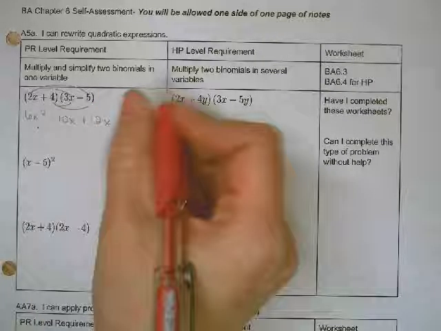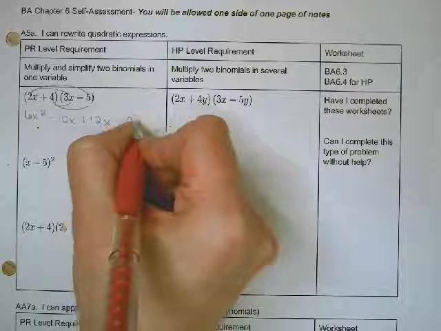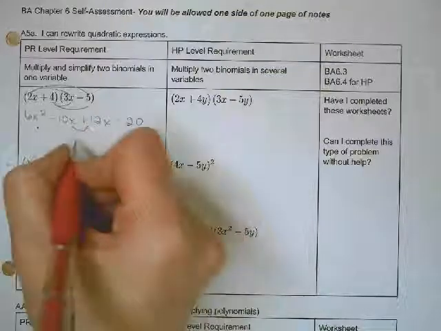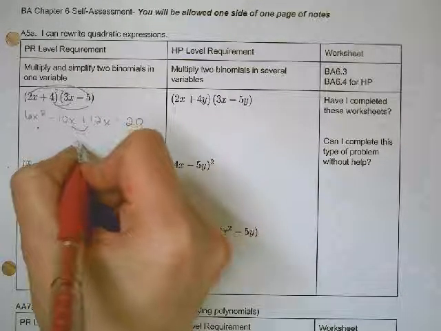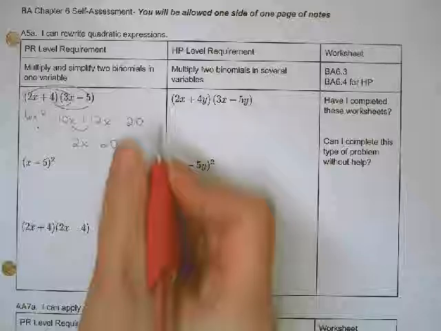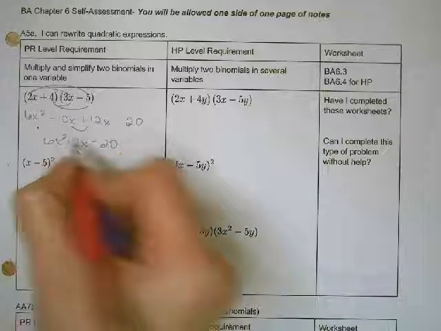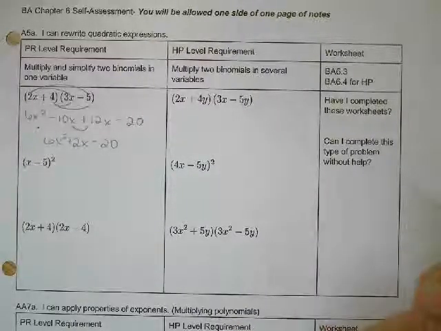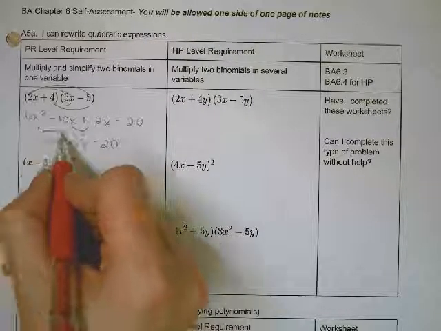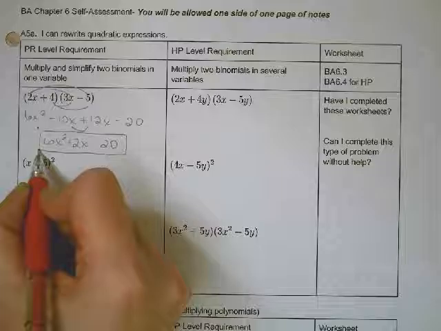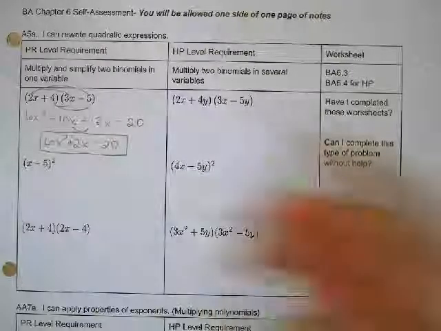And 4 times negative 5 gives us a negative 20. And we need to combine our like terms to give us a positive 2x and drop down the rest. So 6x squared plus 2x minus 20.